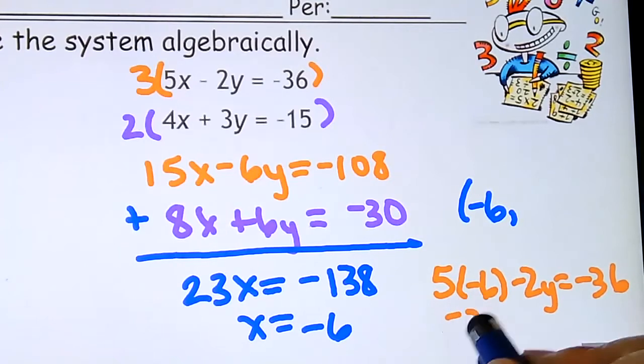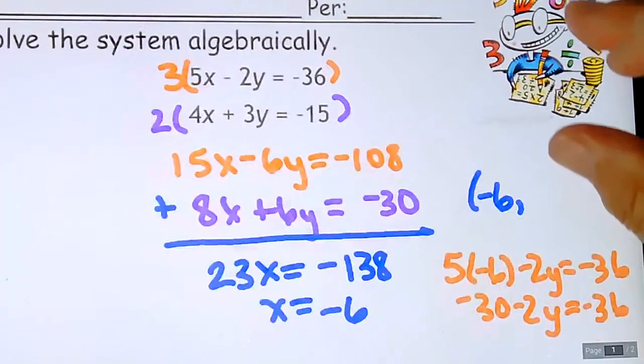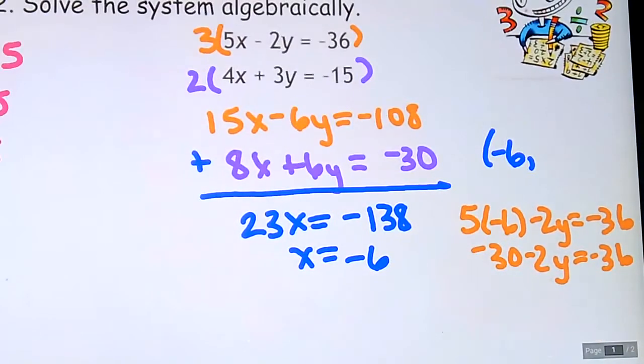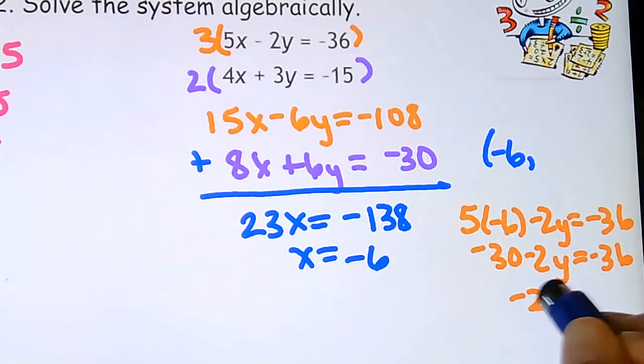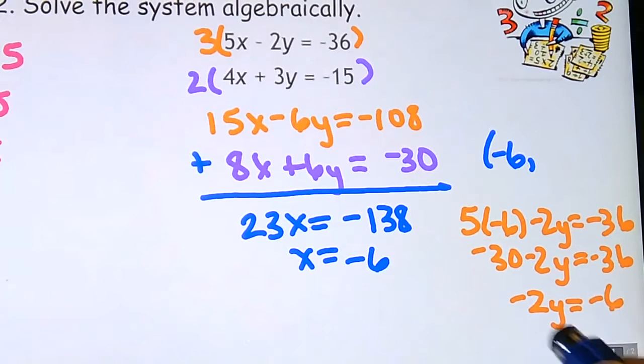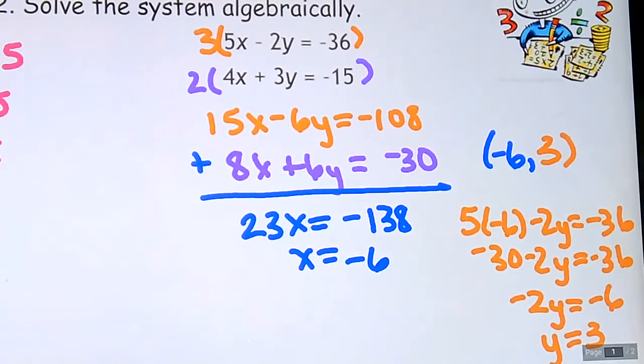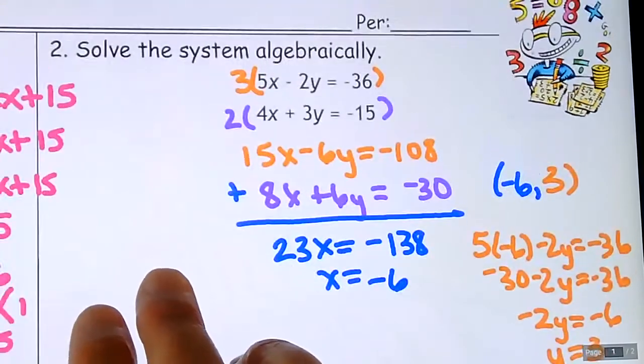So I get negative 30 minus 2y equals negative 36. I am going to add 30 to both sides. And so when I add 30 to both sides, I'm going to get negative 2y is equal to add 30, negative 6. So y is 3. So this is going to be negative 6 comma 3. Again, that was for number 2.